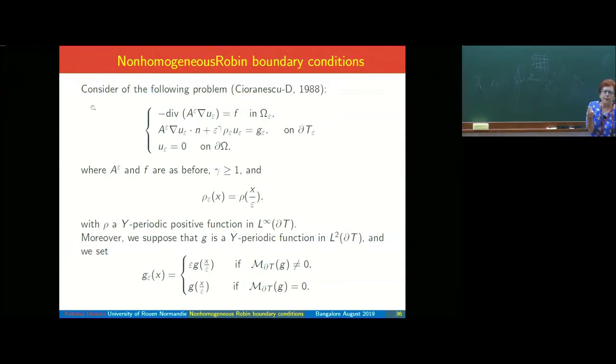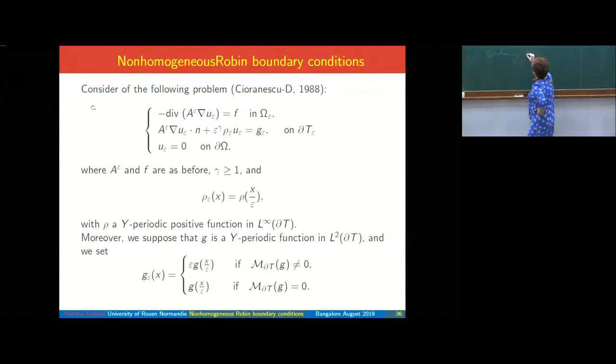The volume of one hole is the measure of epsilon T, which is of order epsilon to the power n, up to a constant, times the measure of T. So this is of order 1 over epsilon to the power n times epsilon to the power n, which is a constant, okay? Any question on that?